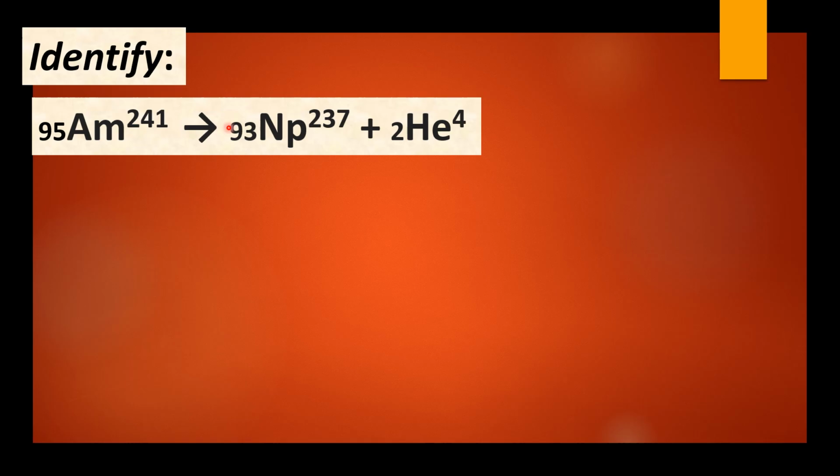When it emits an alpha particle, which can also be represented as a neutral helium atom with 4 as its mass number and 2 as its atomic number, americium decays into a neutral neptunium isotope with 237 and 93 as its mass number and atomic number respectively.